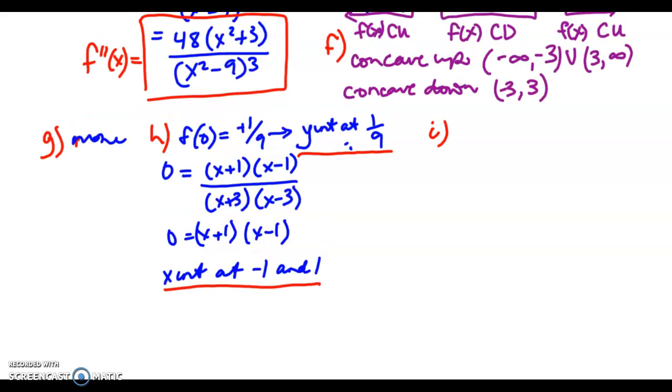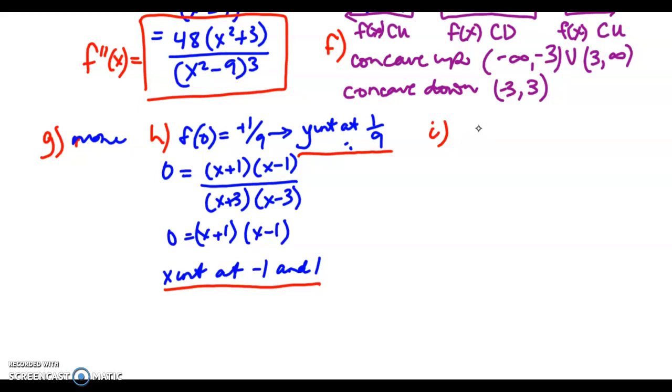Lastly, we're asked to find the asymptotes, and if we look back at the original function, you can scroll up if you need to, we have a degree of 2 divided by a degree of 2. So when we find the degrees are equal, then we have an asymptote at the ratio of their leading coefficients, which in this case is 1 over 1.